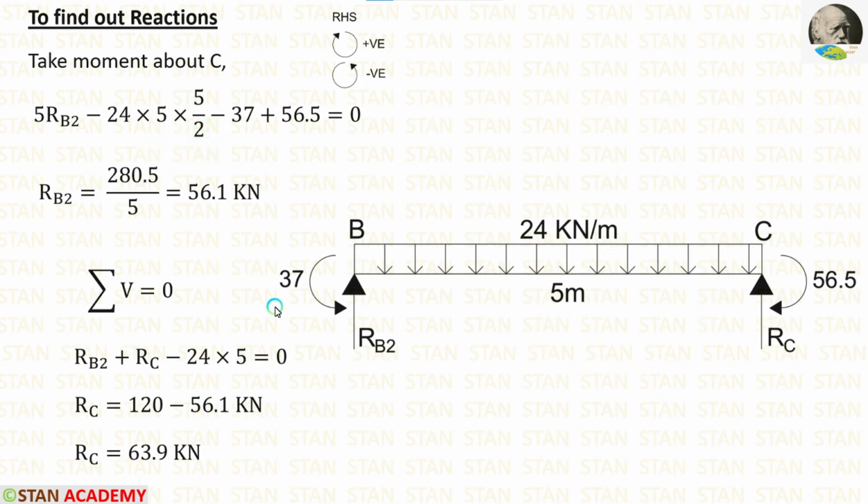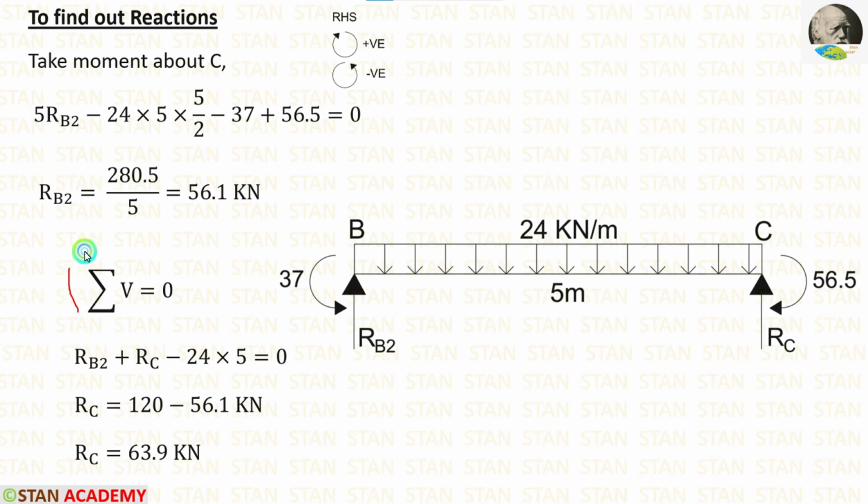Then there are two moments. The moment 37 is acting in the anticlockwise direction, so it will be negative. And the moment 56.5 is acting in the clockwise direction, so it will be positive. After the calculations, we are getting RB2 is equal to 56.1 kN.